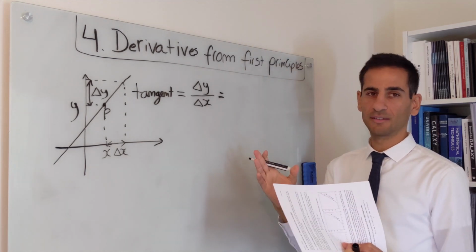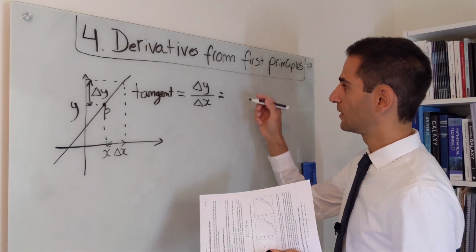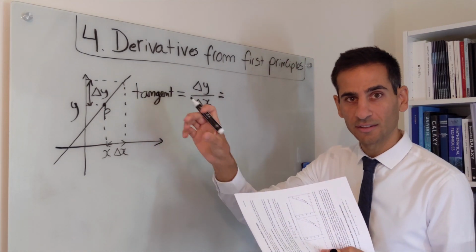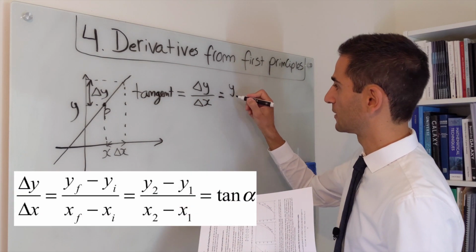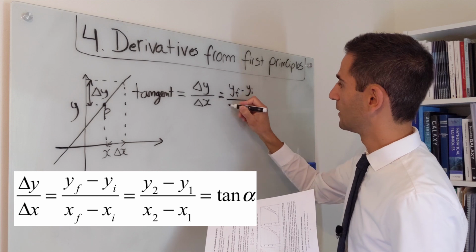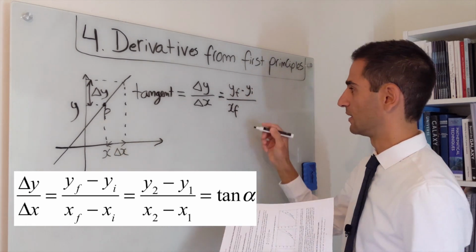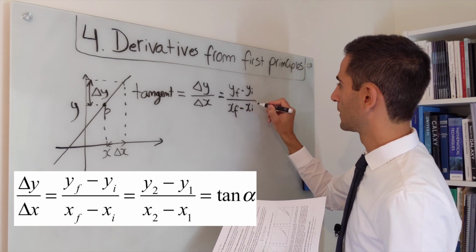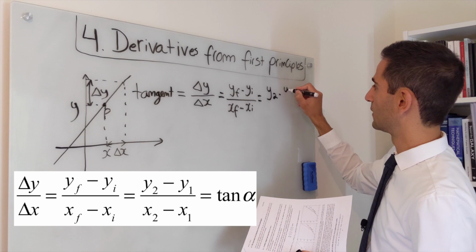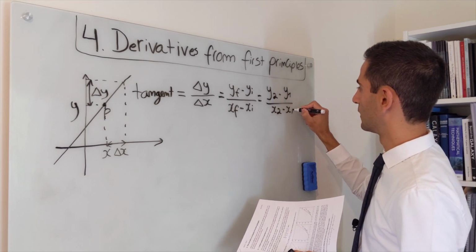In order to make things easier and more explicit, what we typically look at is the value of the function at the final part of the displacement, for example yf minus yi, and the corresponding displacements in x. But sometimes we also use y2 minus y1, x2 minus x1.